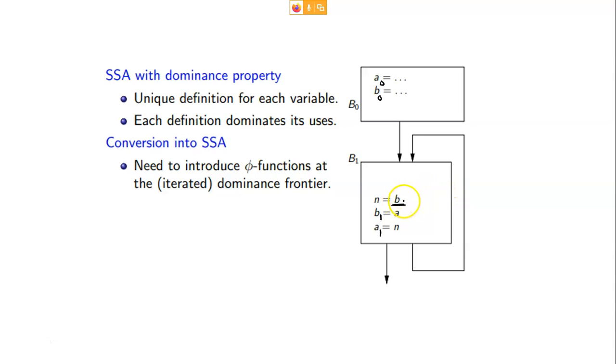So what to do? When you convert this into SSA, you remove this and you make a special function. SSA provides a special function called the phi function, and this takes two arguments, B0 and B1. This is the special function that we use, phi B0 B1. Why?